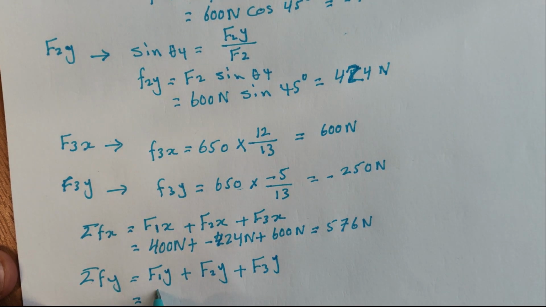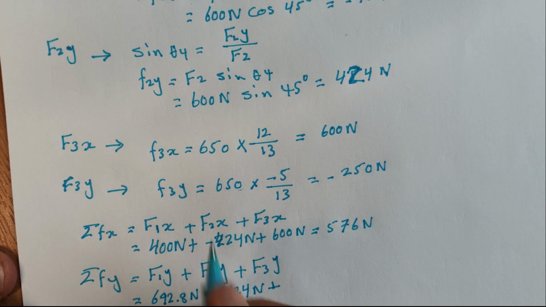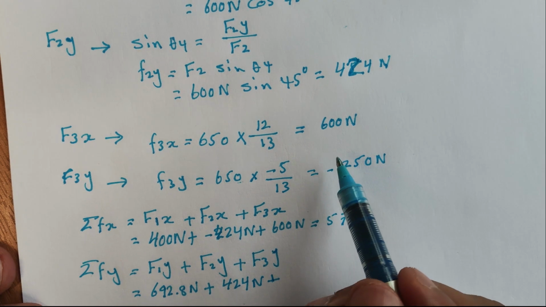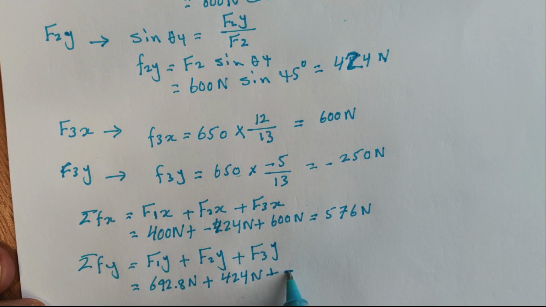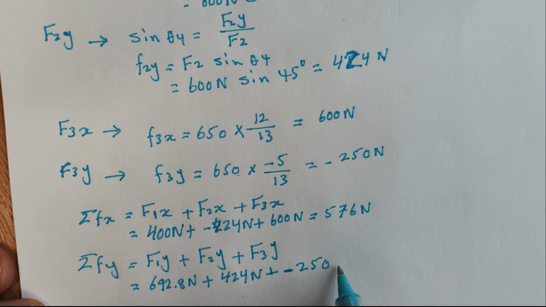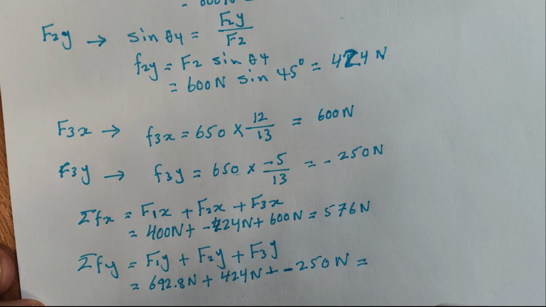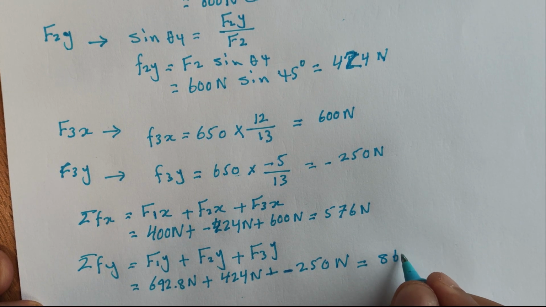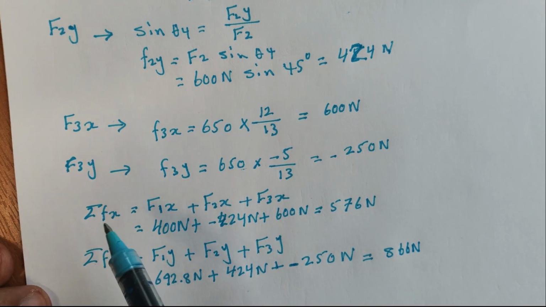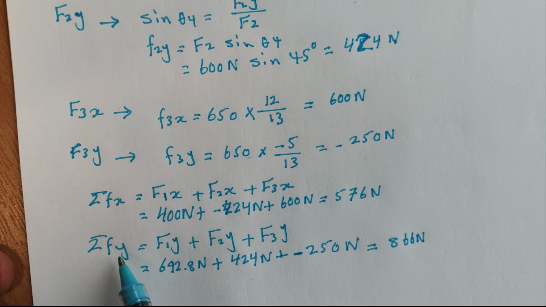F1 on the y direction is 692.8 Newton plus F2 on the y direction is 424 Newton plus finally F3 on the y direction, which is negative 250 Newton. All of that again should equal 866 Newtons.